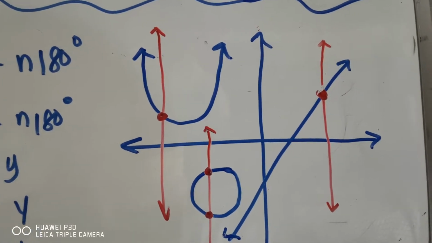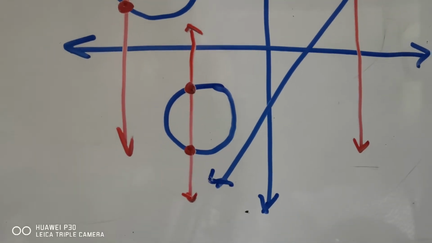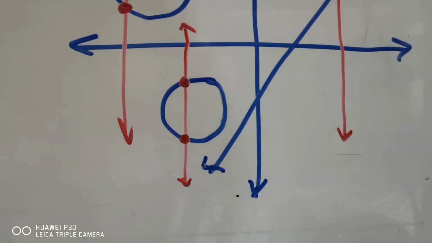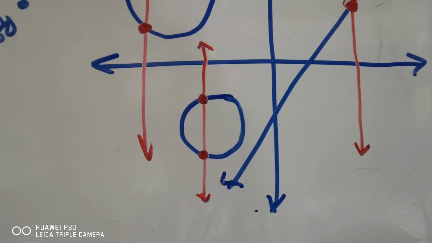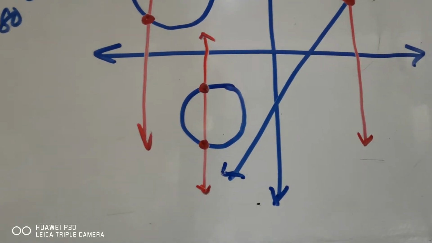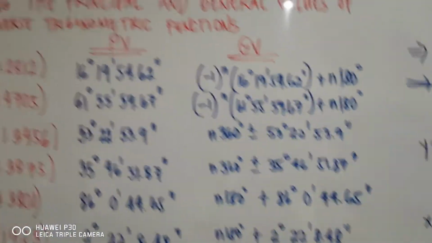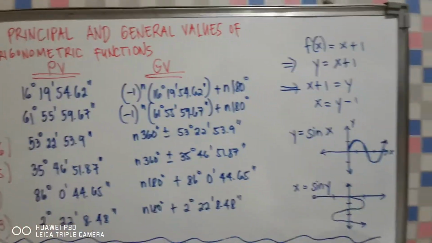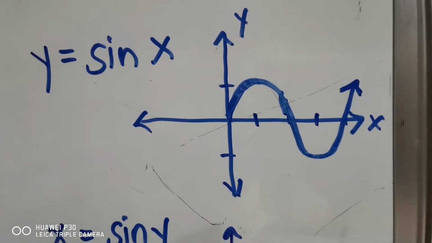repeat. But here, in the circle, as you can see, the red line intersects the circle at 2 points. So it means the abscissa or the first element or the value of x repeat. And so it is just a relation and not a function. Now, our trigonometric functions, because if you go back with our previous lesson, this is an example of the graph of y.